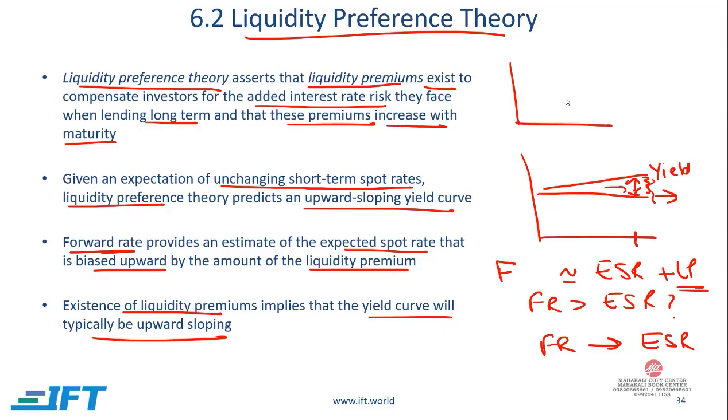And the answer is yes, it is possible. Let's say that expectations about future spot rates are like this. There can be a situation where even after adding a liquidity premium, the yield curve is still downward sloping. So this is possible, but not very likely, or this doesn't happen very often.